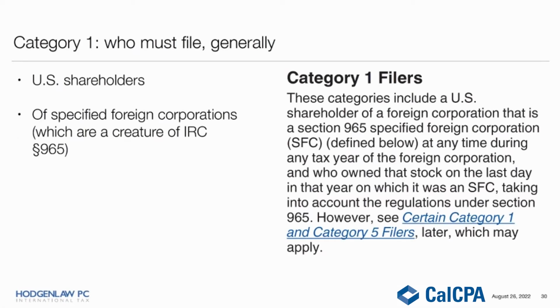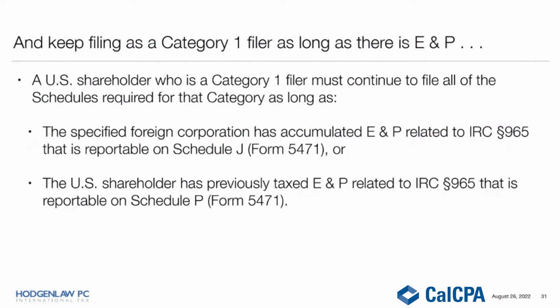So here's the little blurb from the instructions. And you are looking here for a U.S. shareholder, remember, a U.S. person with 10% or more of a specified foreign corporation, which is purely a definitional creature found only in section 965.